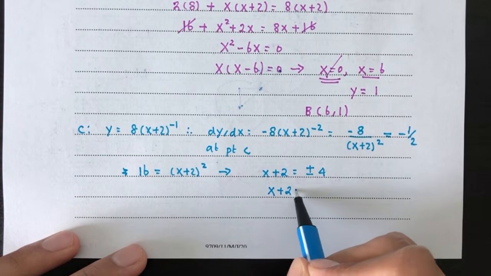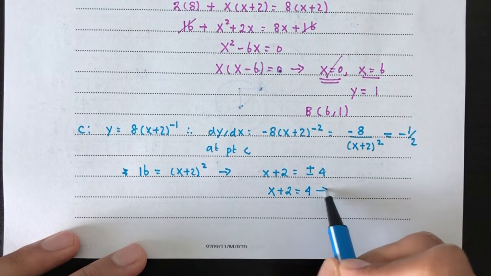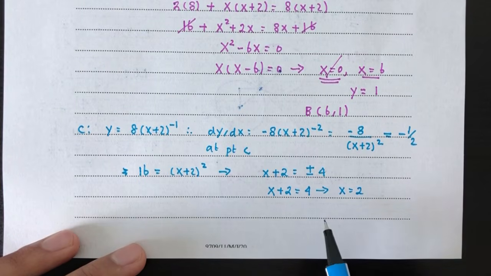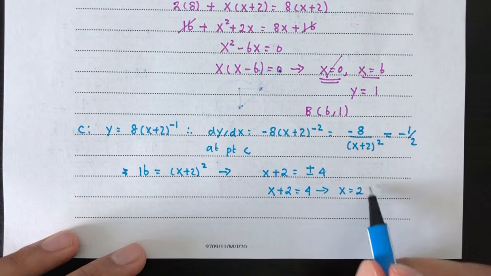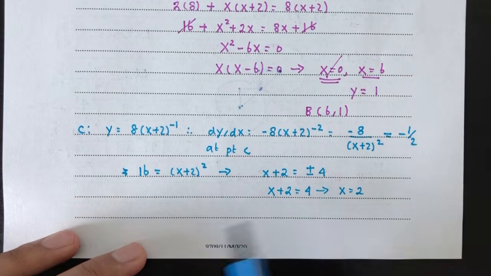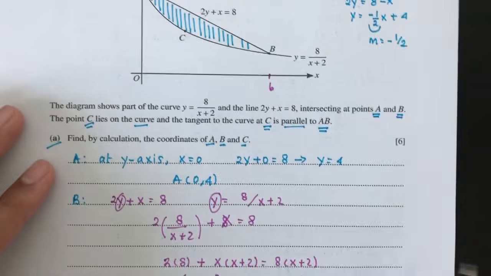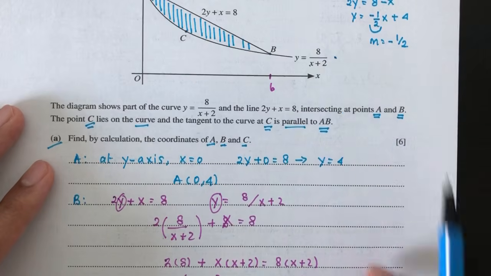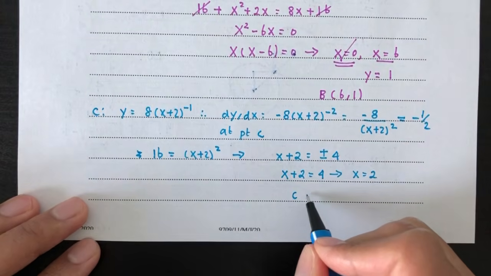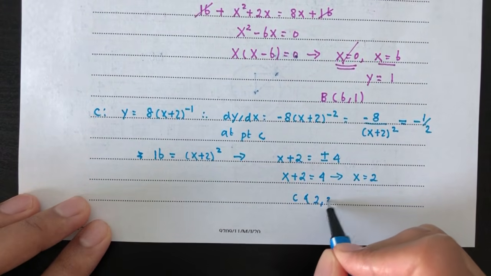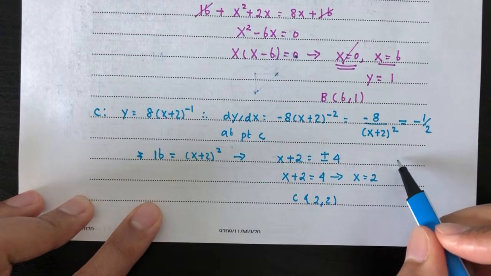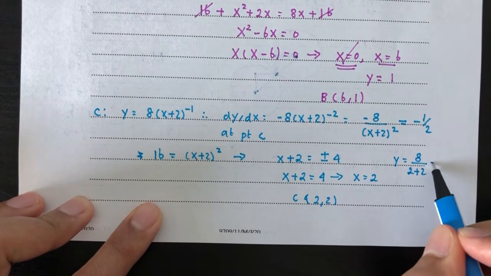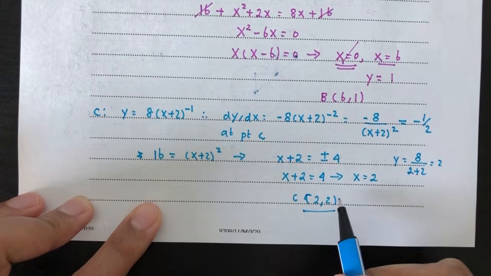So x plus 2 is given by 4, which means x will be 2. Now let's find the value of y. We have to replace back in this equation. That will be y equal to 8 over x plus 2, which is 8 over 4, that will be 2. So your point C will become 2, 2. So this is your point C.